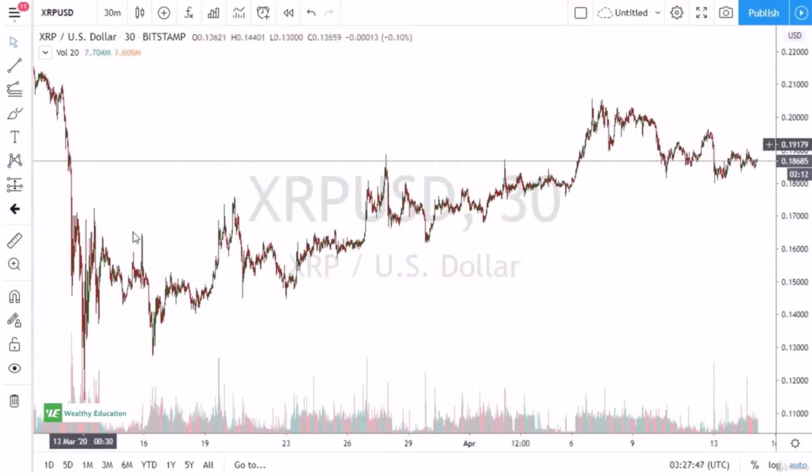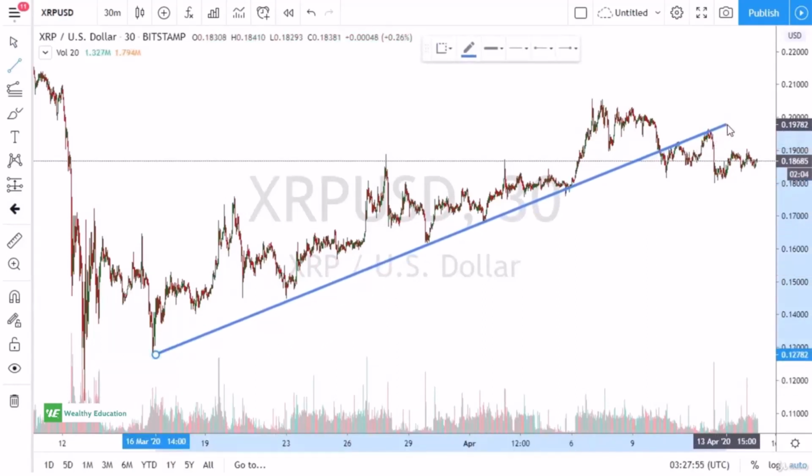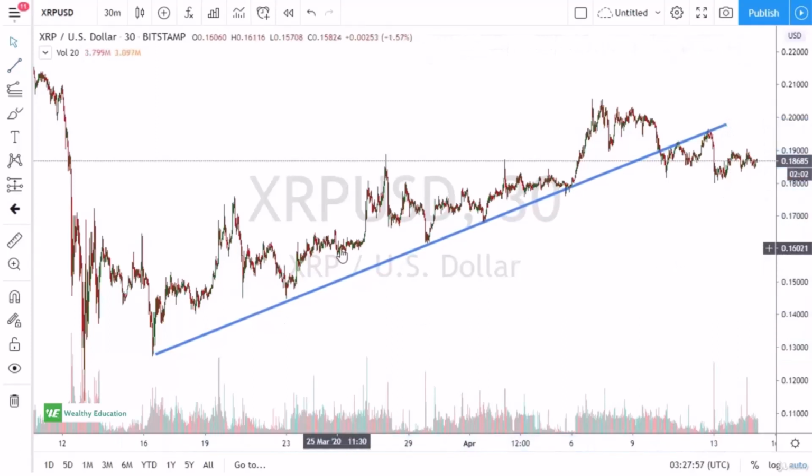So, for example, if you are already long of Ripple at this point, remember our trend line. This was a nice run from the 16th of March all the way to the 10th of April on the 30-minute chart. So quite frankly, there was no reason to be short of Ripple any time during this.